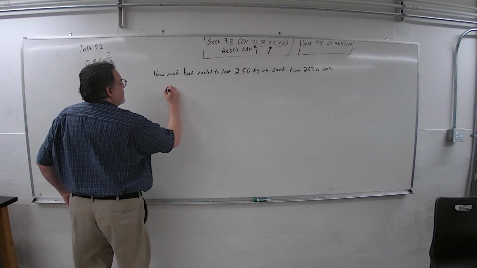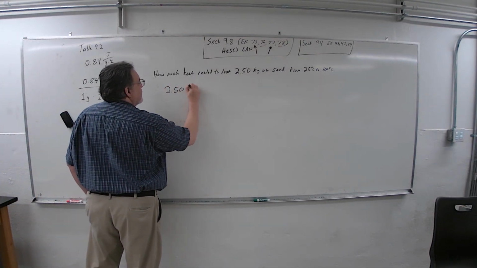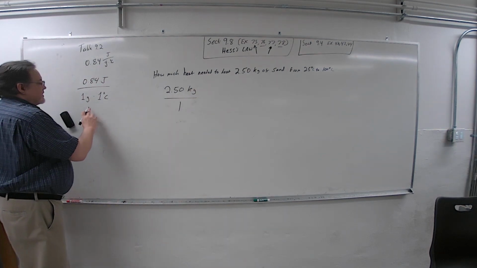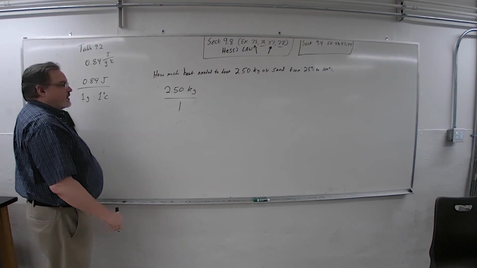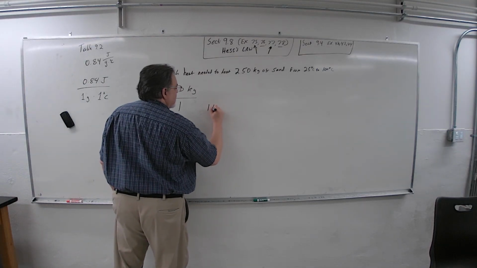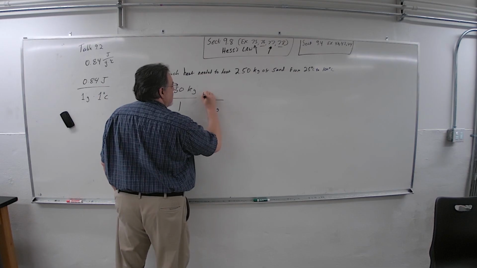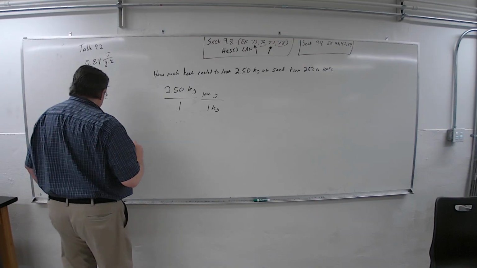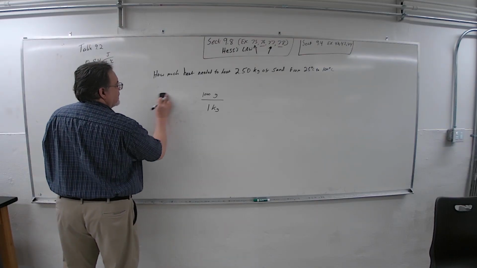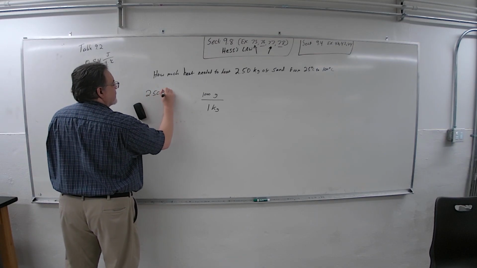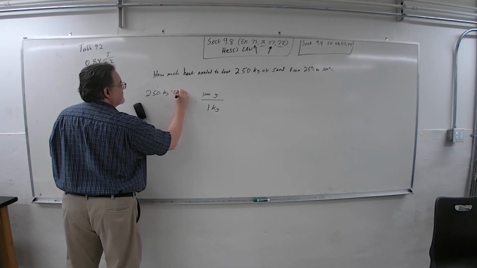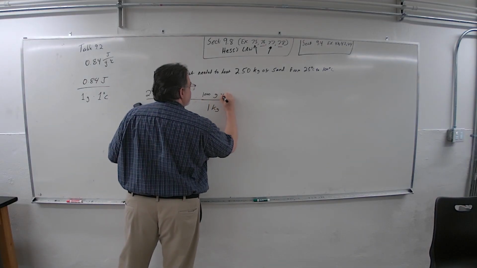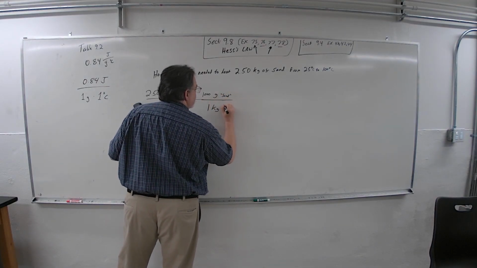You're given 2.50 kilograms. Since this is in grams, I'm going to need to translate that into grams. So I'm going to go 1 kilogram is 1,000 grams. I'll be more formal here. 2.50 kilograms of sand. 1,000 grams of sand is 1 kilogram of sand.